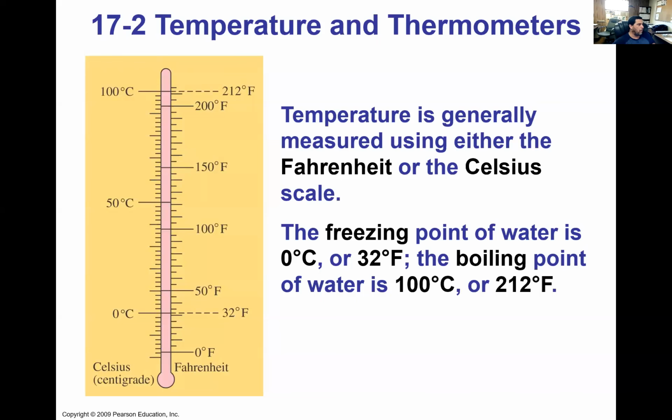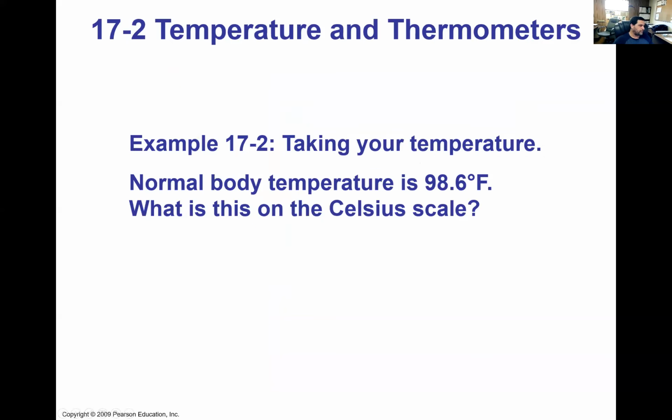All right, so if we want to do an example of this, if you take your temperature, normal body temperature, and since COVID, we've been doing this a lot lately, right? Normal body temperature, 98.6. What would that be on a Celsius scale? So 98.6 degrees Fahrenheit is what we normally report in the US.